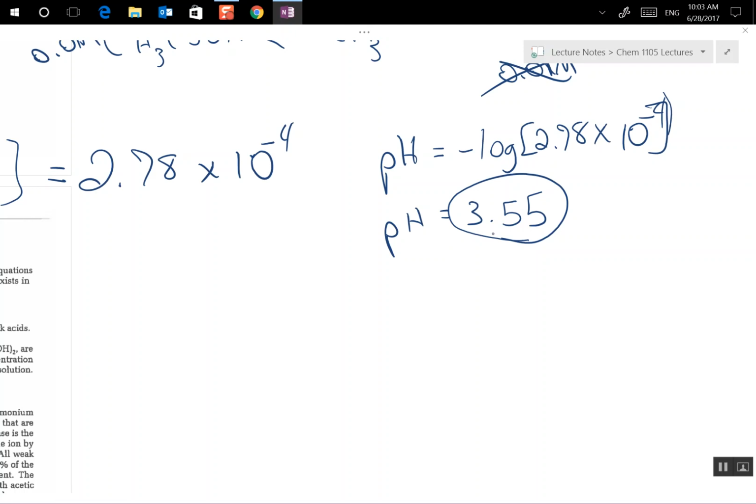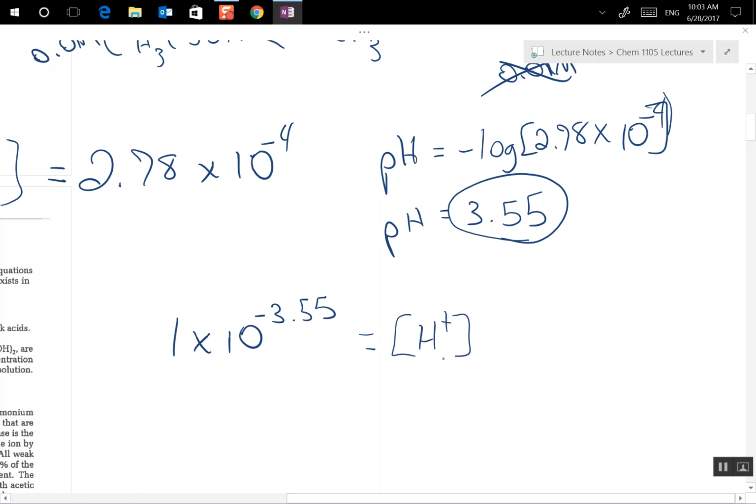Now, if I put that back, I would say it's 1 times 10 to the negative 3.55, and that would be equal to my H plus ion concentration. But we do not want a number with a fraction exponent. Okay? We want a whole number exponent.